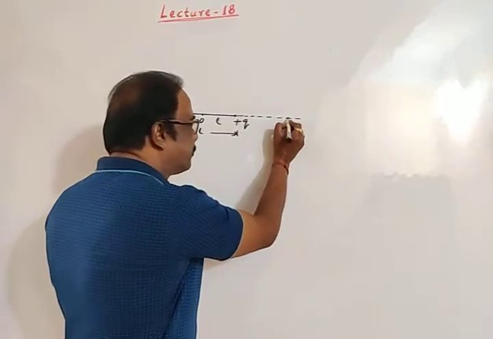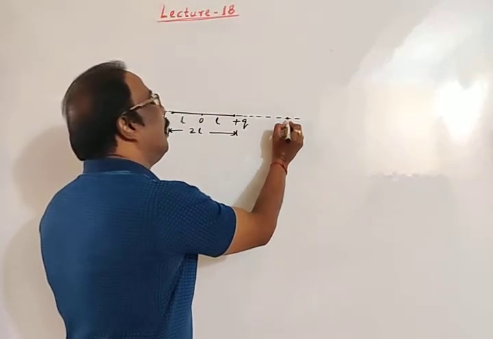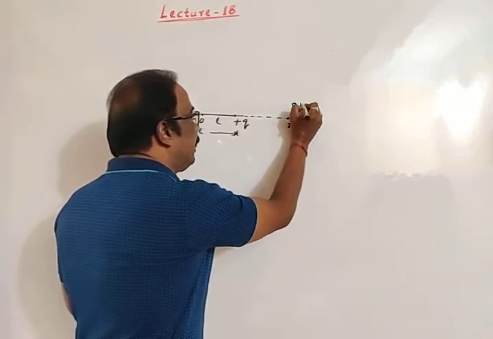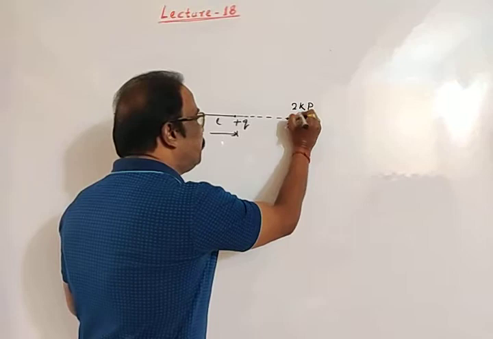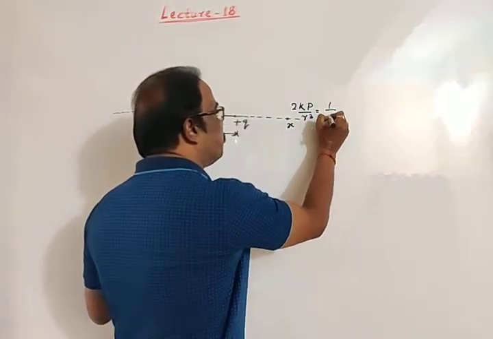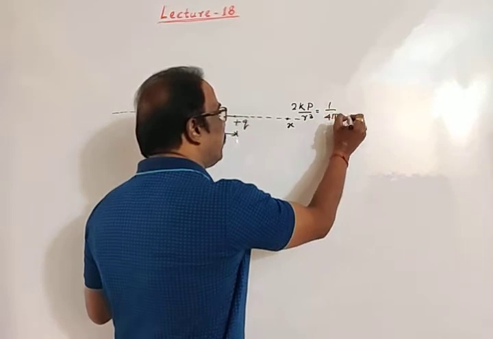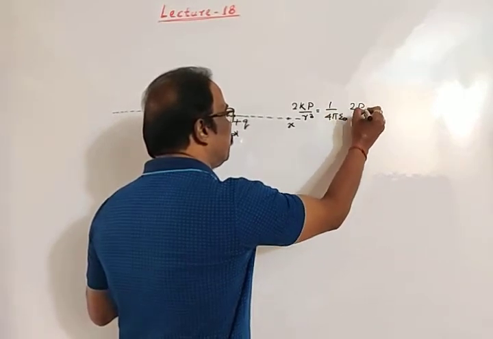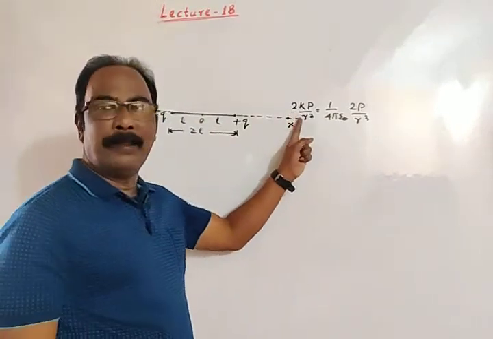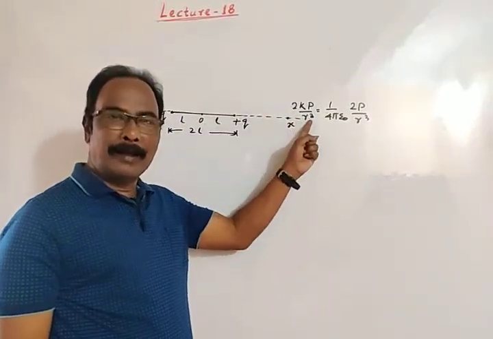So we have found the electric field at the end-on position. At this position, electric field intensity is 2kp divided by r cube, where k is 1 divided by 4 pi epsilon naught, into 2p by r cube. This is the electric field intensity at any point on the axial line.